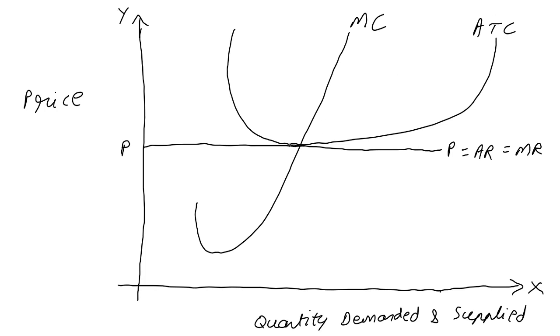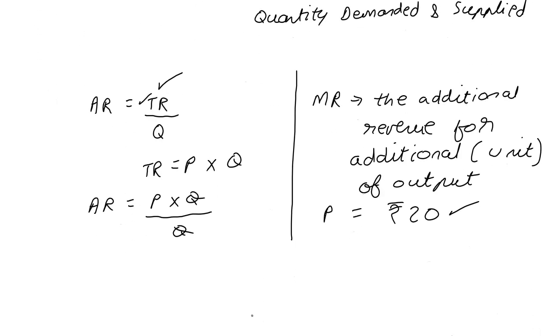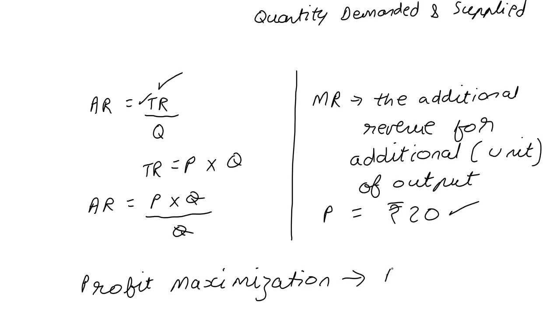Now, where they are intersecting, because marginal revenue intersects marginal cost at that point, that is the formula for profit maximization. Remember, the profit maximization formula or condition is when marginal revenue equals marginal cost.